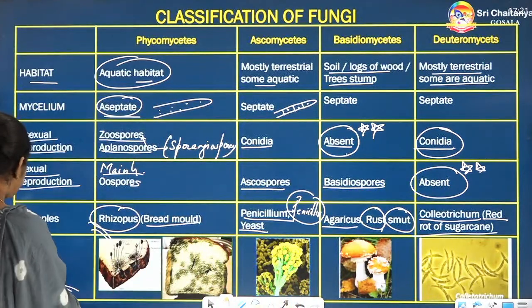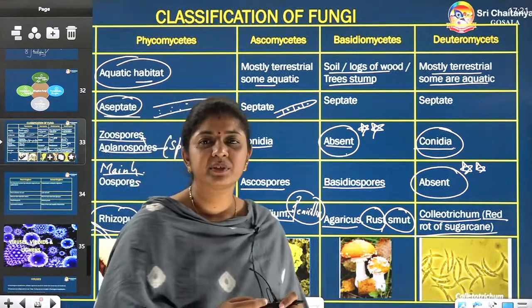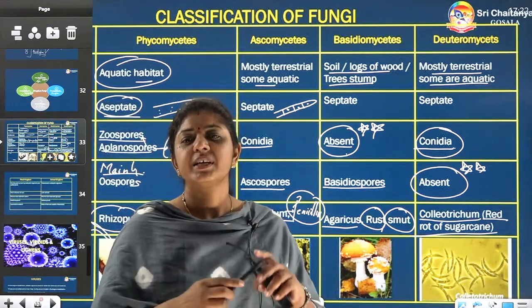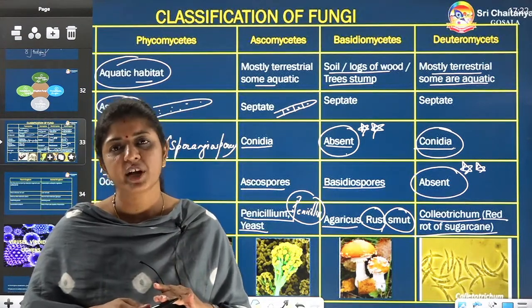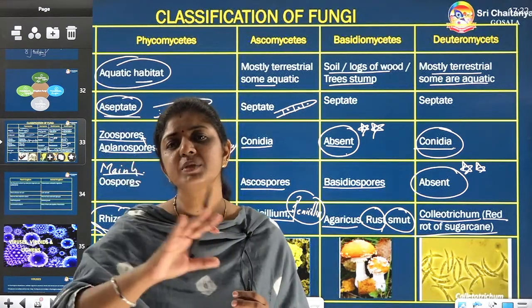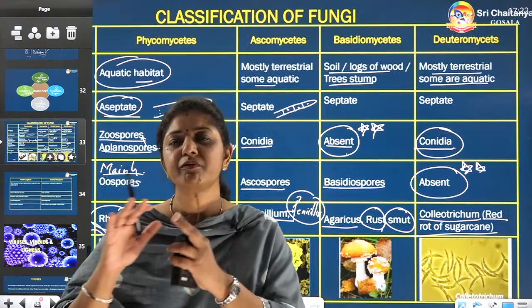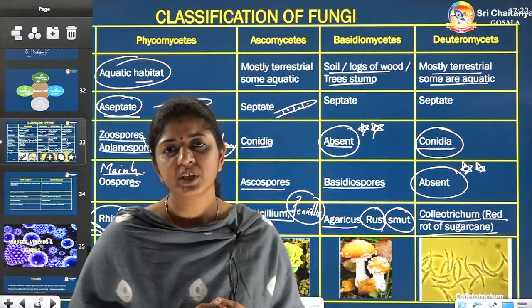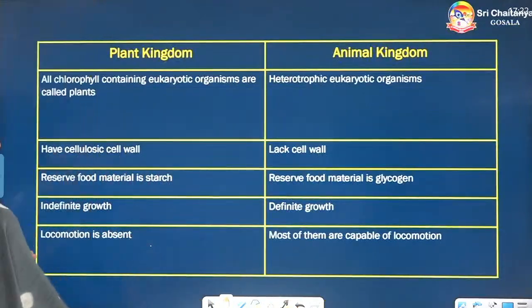Now coming to the next part, we discussed how many kingdoms? We discussed first Monera, then we discussed Protista, then we discussed Fungi. In the biological classification chapter, you are having these 3 kingdoms in much more detail. Kingdom Animalia, Kingdom Plantae are different in further chapters, but still we are classifying between them the major points.